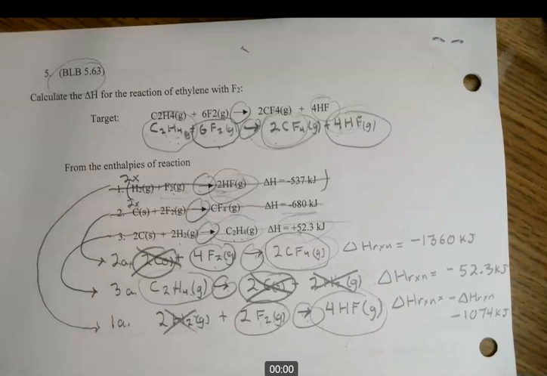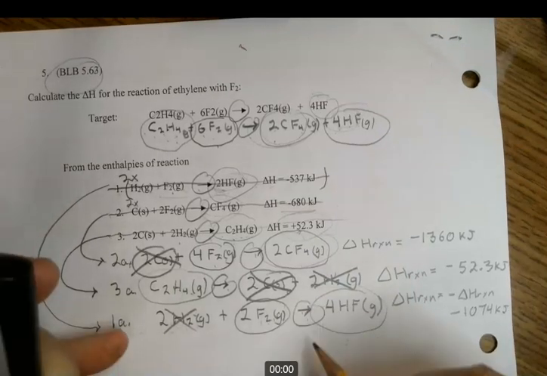And we've got negative 1360 minus 1074 minus 52.3. And check my numbers.